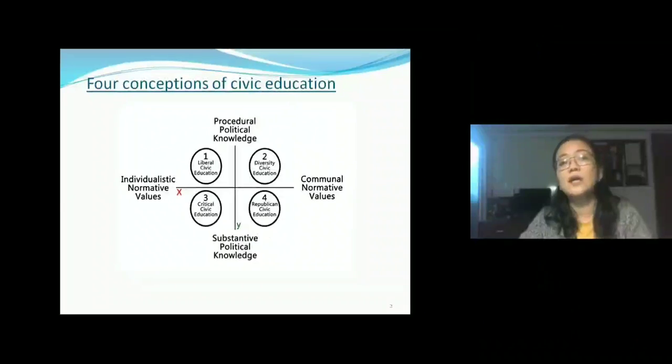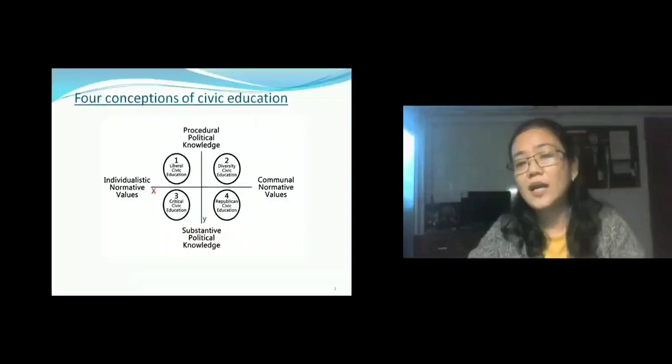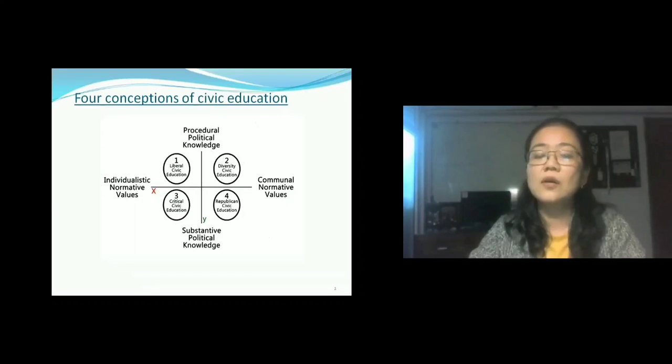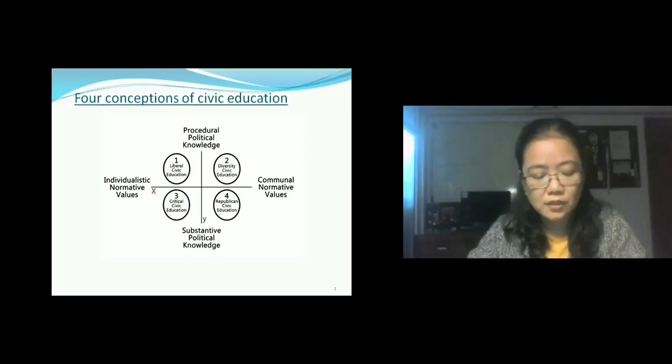On the other end of the Y axis is substantive political knowledge. This is about the fundamental principles on which a country or state exists, like what economic structure or what cultural foundation are particularly important for each individual country.